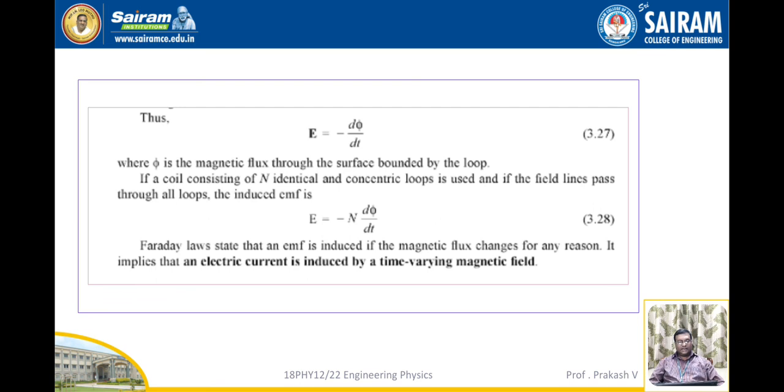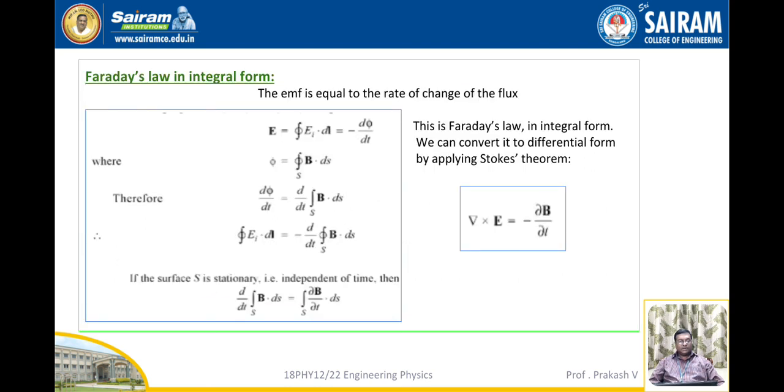It implies that an electric current is induced by a time-varying magnetic field. Next, here we come across Faraday's law in integral form. This is Faraday's law in integral form. We can convert it into differential form by applying Stokes theorem. That is del cross E is equal to minus ∂B/∂t.